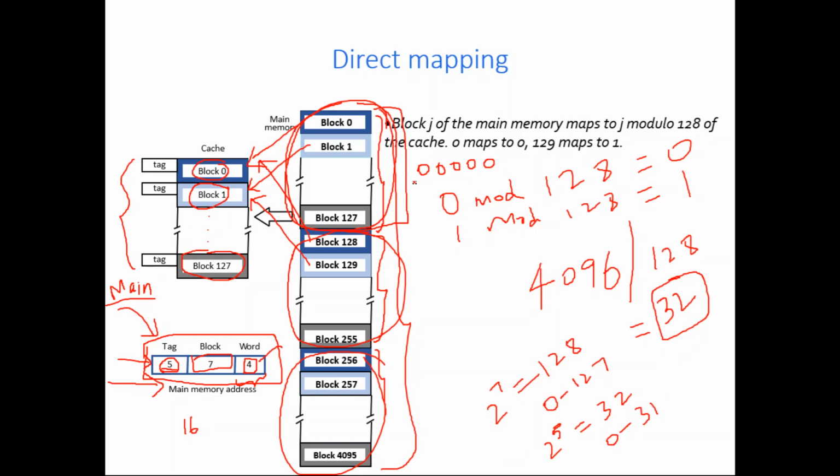Are you getting? It will be 5 zeros. This is for all these 128 blocks. The higher order 5 bits will be 0 for the first set of 128 blocks. These 7 bits will be whatever the block number.